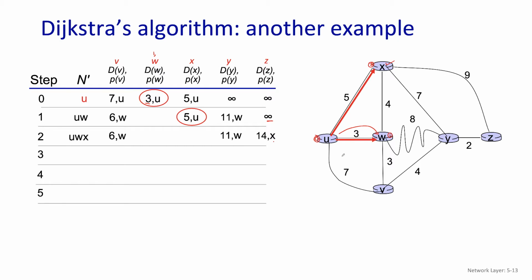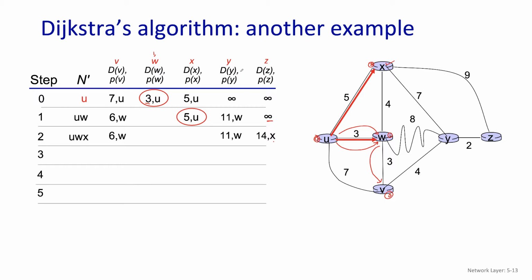So the cost to V is going to be from U to W and from W to V. This is the cost of 6, right? And let's say this is step 3. So right now we know to move from V to Y is going to be 13, right? Because it's going to be 10. 3 plus 3 plus 4 is going to be 10, right?